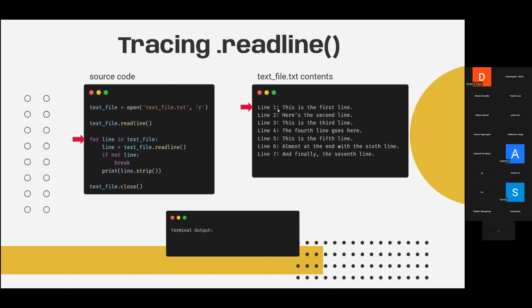So now we will read the second line using this for loop. The for line in text file will read line two, and so line will now contain the string of line two. However, since we do line equals text file dot read line right after, that will read the next line, line three, so line will now be line three.